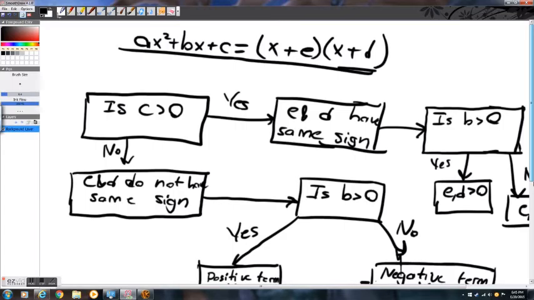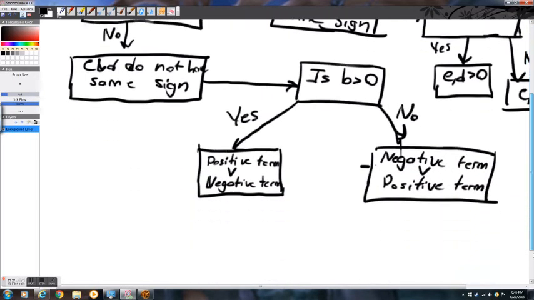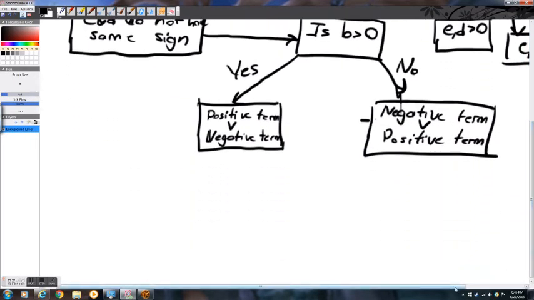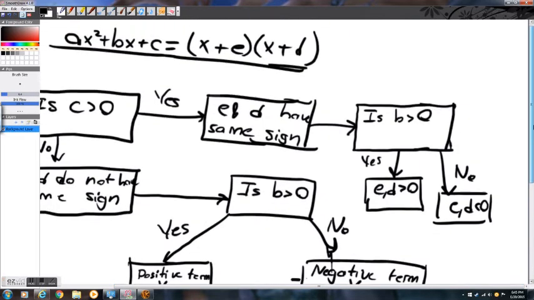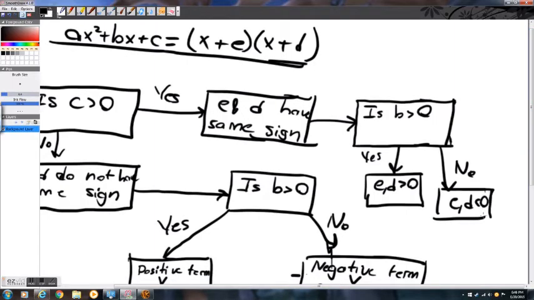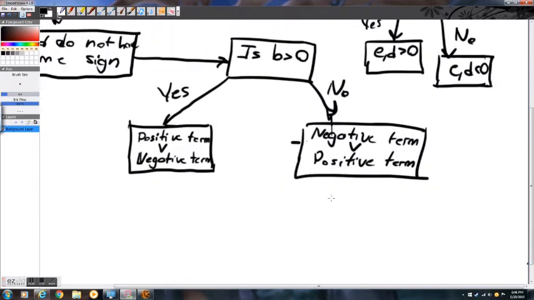And of course, after this determination is made, if you know the signs of e and d, then you can easily calculate.